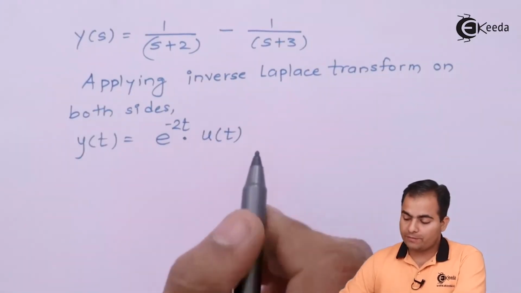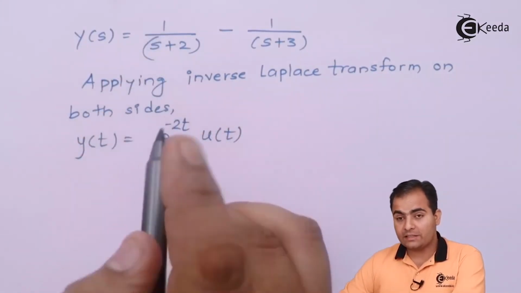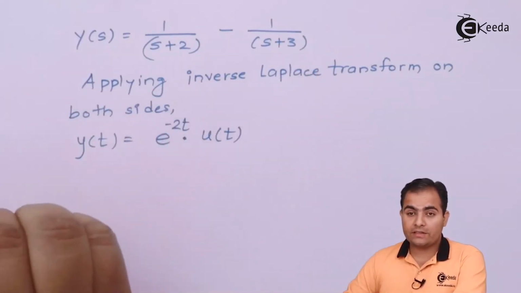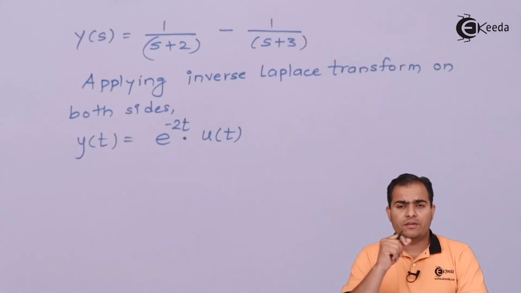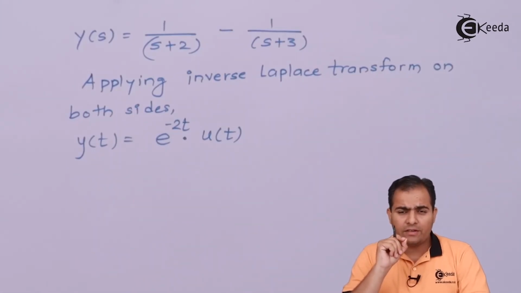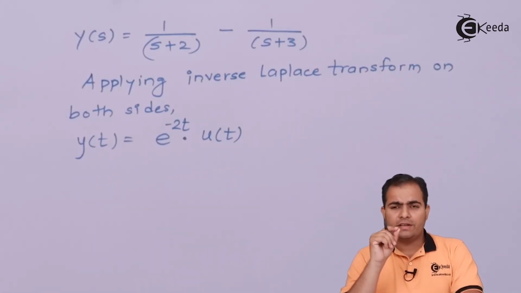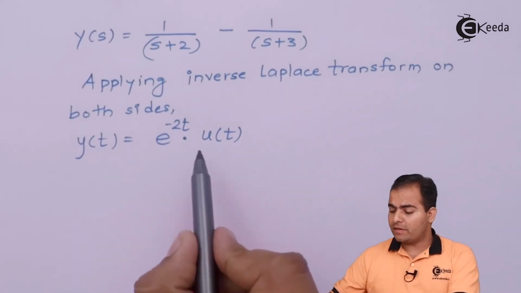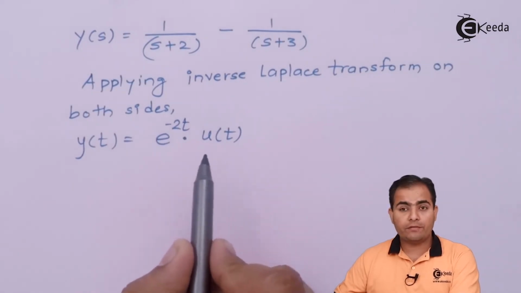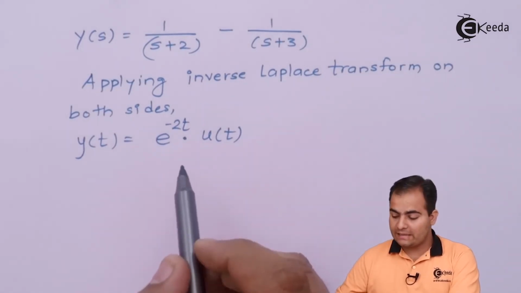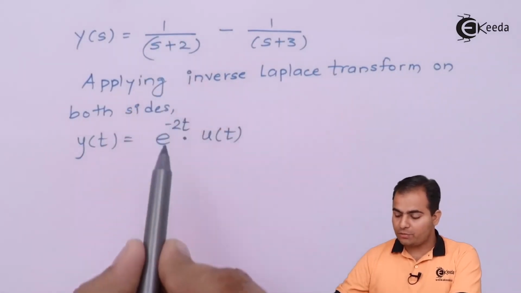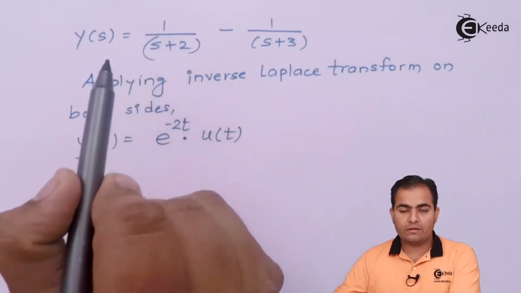Why have I written unit step? Because 1 by s is the response of unit step. We have applied del of t as an input. Now why have I taken del of t as an input? Because in the question it is mentioned impulse response, but while calculating the inverse, what am I going to place here? U of t. Why not del of t? The reason is, at the end, after removing plus 2, what is remaining over there?